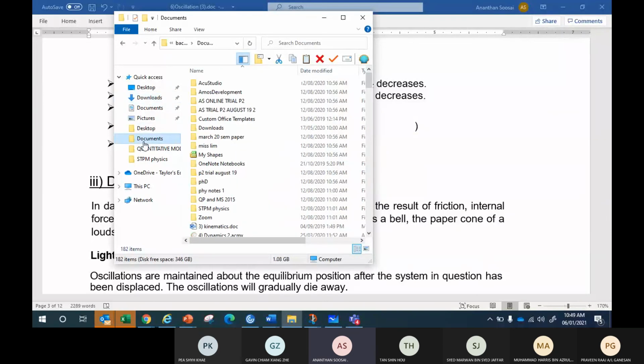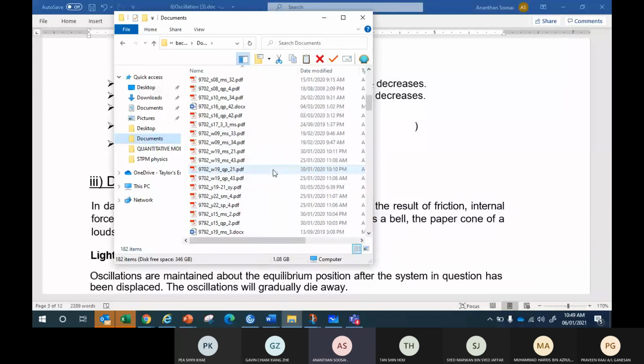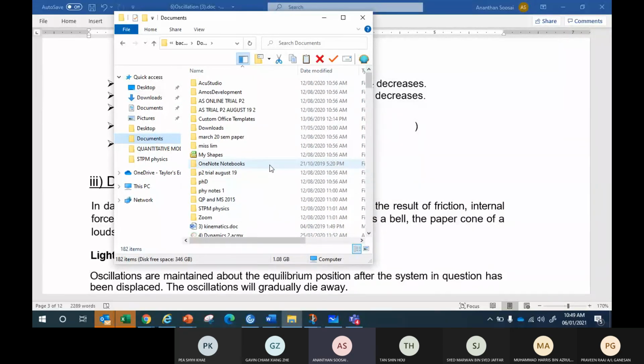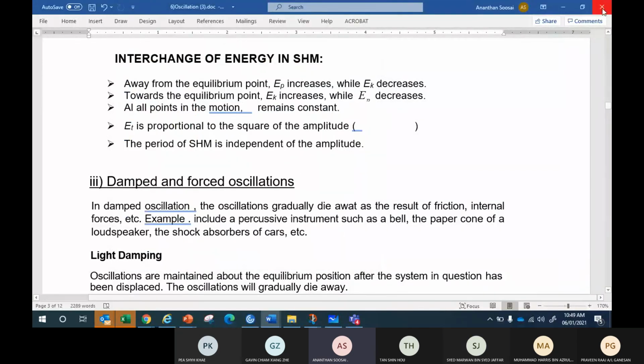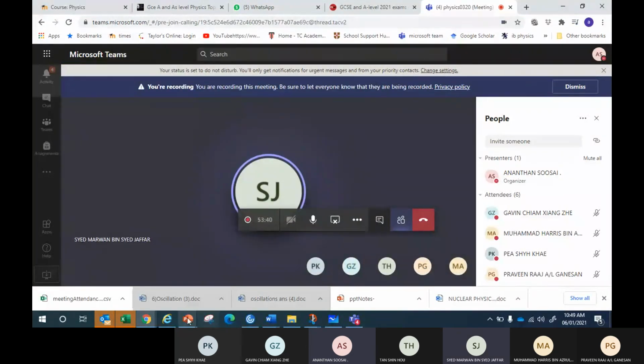Desktop, documents. Okay, class. Maybe the next class I'll show you the video. I don't know where I kept it. You can check from the net. Maybe the next class I'll show you the videos of how the bridge collapsed.